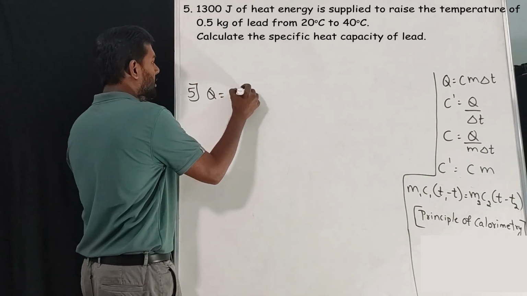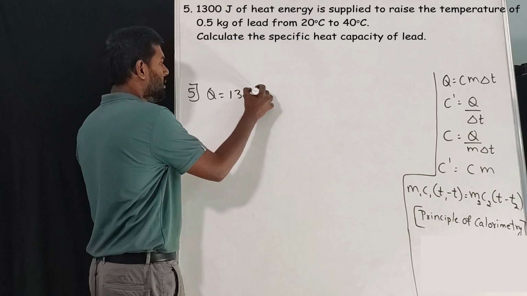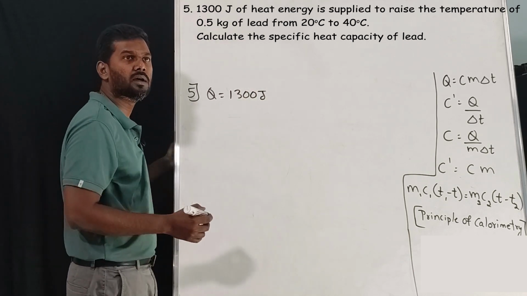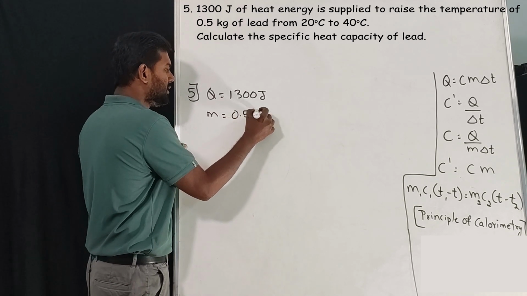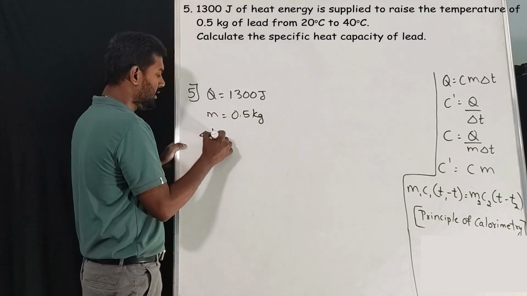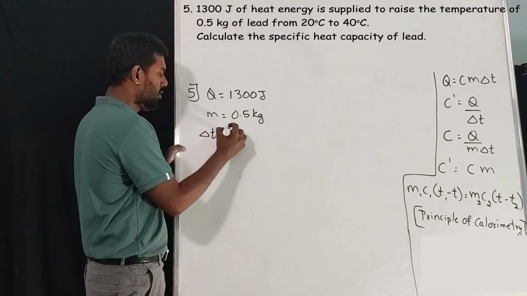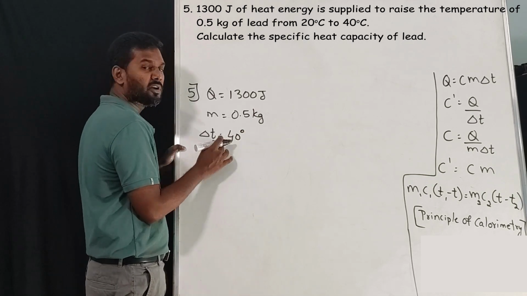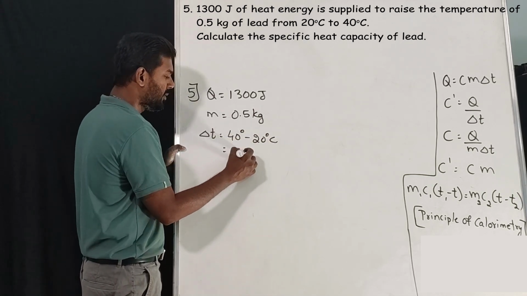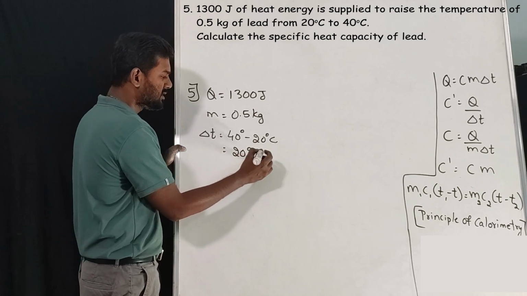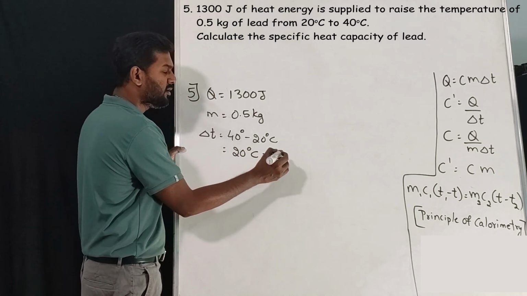So that is 1300 joules, and mass is 0.5 kg, delta T is equal to 40 degrees. First you have to write the bigger value, minus 20 degrees, answer will be 20 degrees. Celsius is nothing but 20 Kelvin.